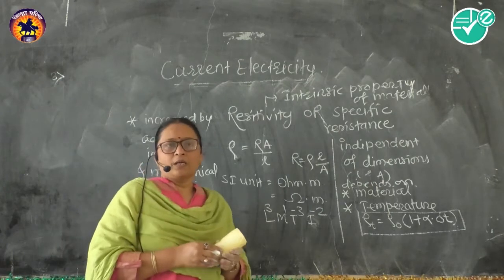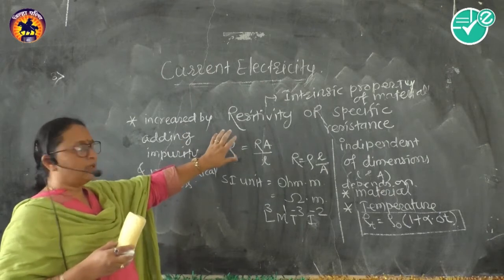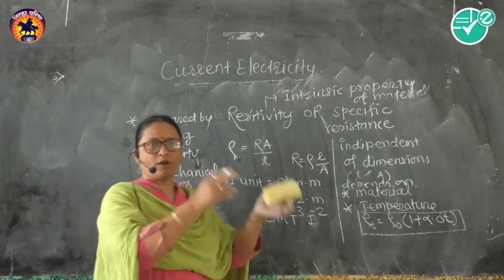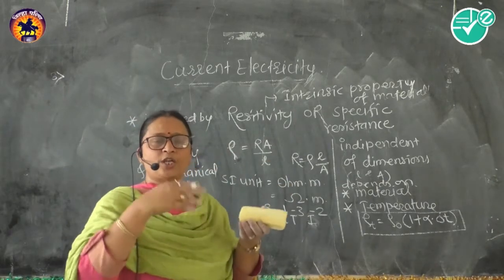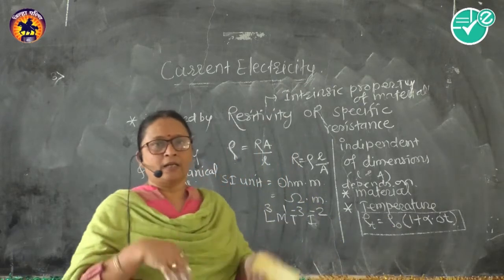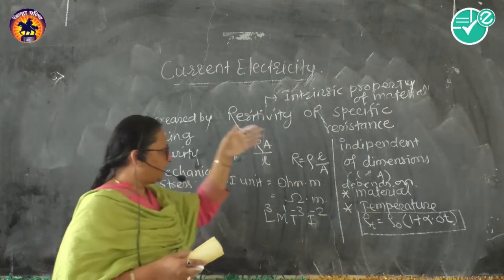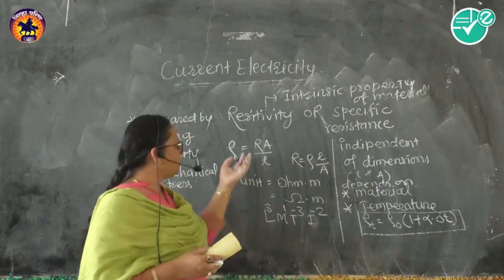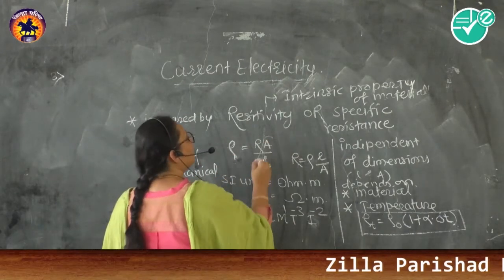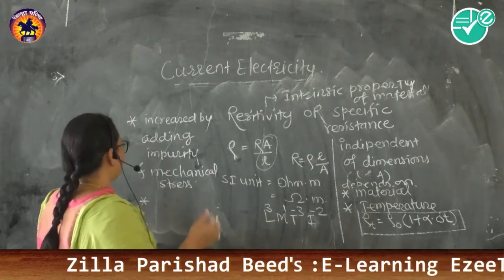Most of the time students get asked an example: you are given the resistivity of a material, and if there is a change in its length or area, you are asked again what the new value of resistivity is. Students directly calculate the resistivity from this formula, but students must remember that resistivity does not depend on any change in its dimension.